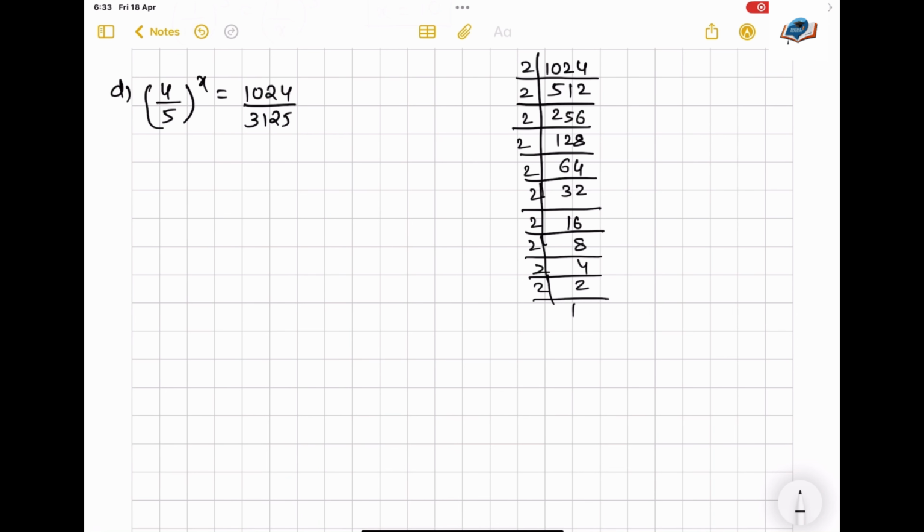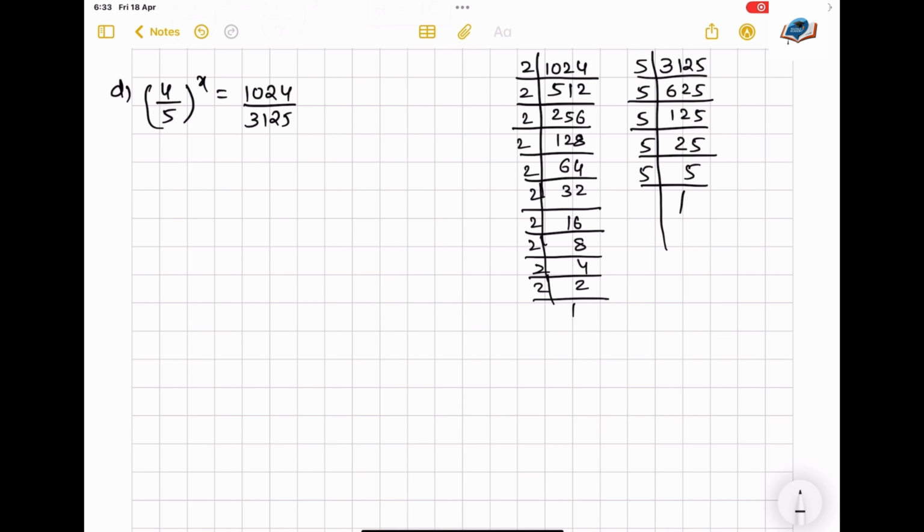Now I am doing 3125. So with 5, 5 5s are 25, 5 2s are 10, 5 5s are 5, 5, 5, 1.